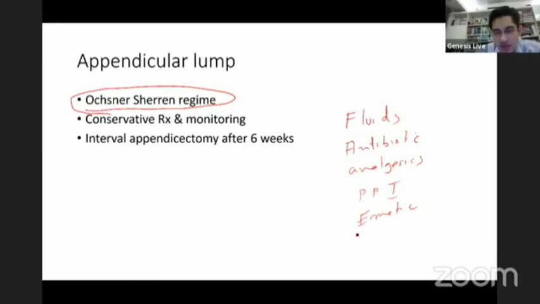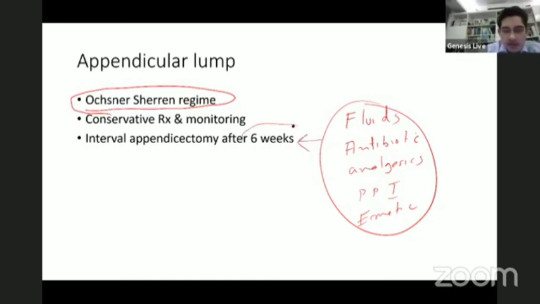You initially keep the patient NPO for a while. If the patient improves, give the patient food. Continue this regime for 6 weeks. And in the meantime, always monitor the patient. You remember I showed you the picture that an appendicular lump is marked.